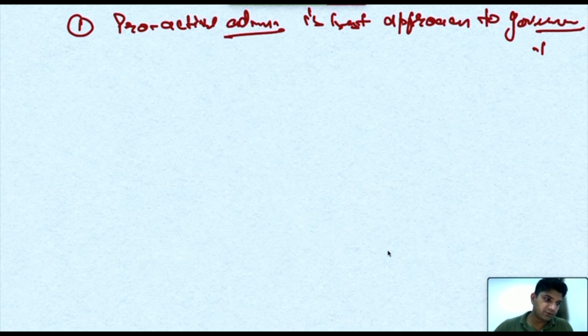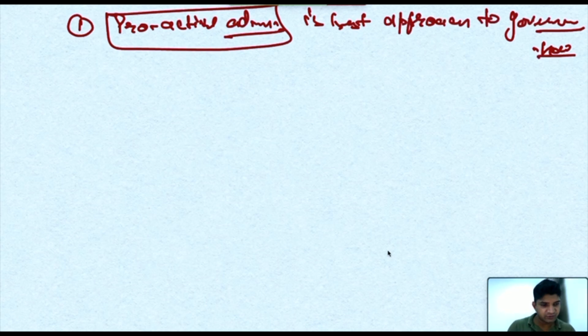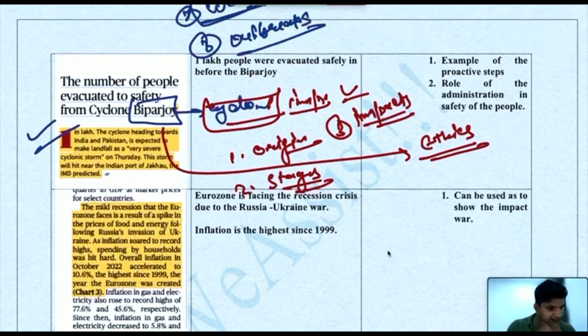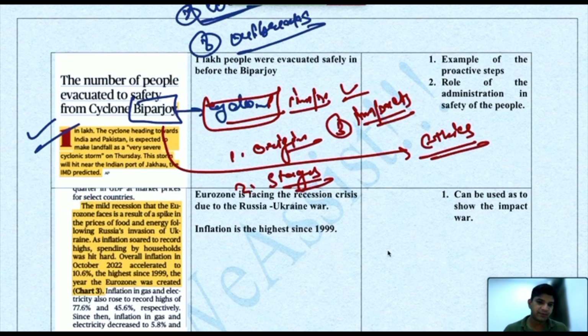Now you have to show how, or comment or discuss. Okay, so there you have to show how it is. So there also you can quote this as an example, that for cyclone Biprajoy, in anticipation of it, 1 lakh people were evacuated. So it's a case study of proactive administration.